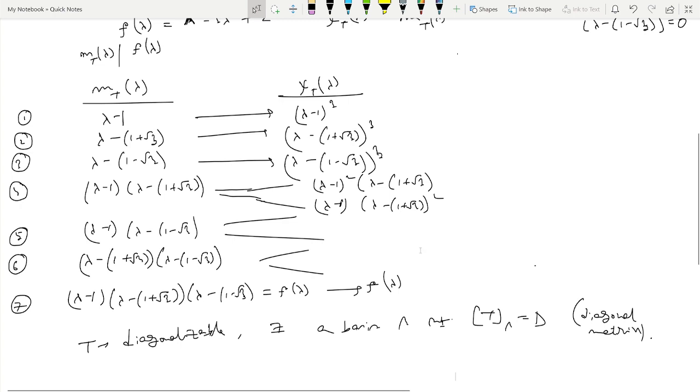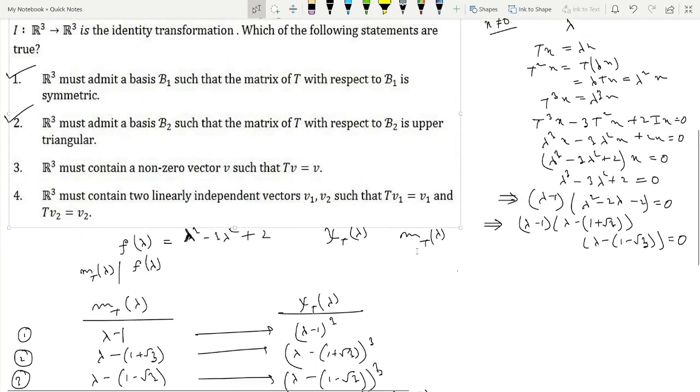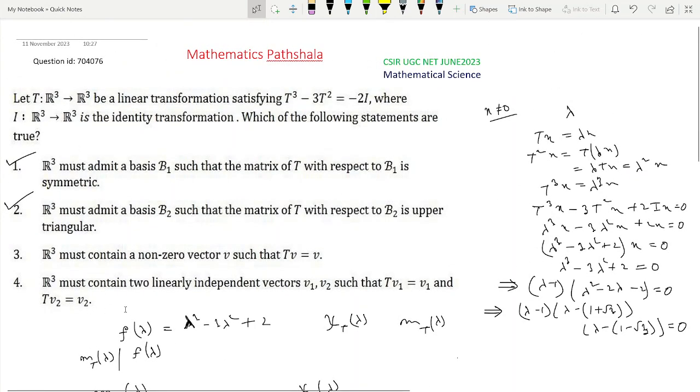Option 3 says that R3 must contain a non-zero vector v such that Tv equals v. It means that 1 must be an eigenvalue of T. But in case 6, T may not have eigenvalue 1. So option 3 is not a correct option in general.